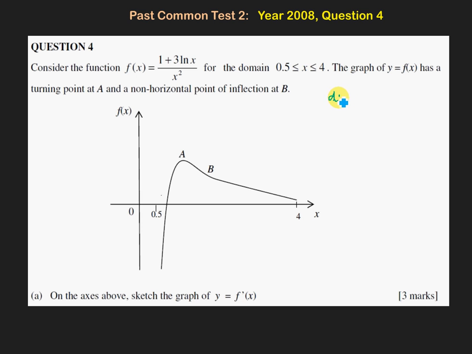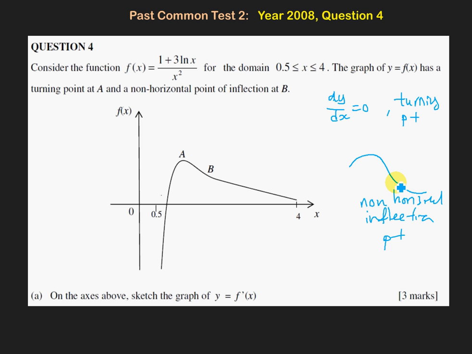Okay, so first, about turning point. At the turning point, you probably recall that dy/dx is 0. And then the other thing is about concave and convex, where inflection point occurs, especially non-horizontal inflection point.